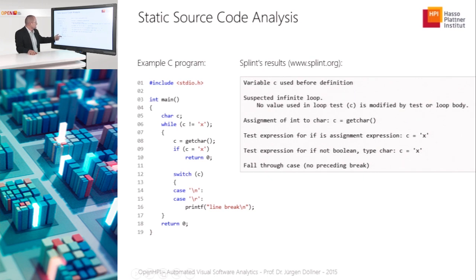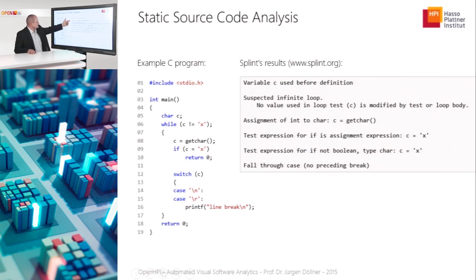The switch statement has a fall through or is missing a fall through statement. If we apply, for example, the Splint tool, a static source code analysis tool, and there are many tools around that offer this kind of analysis, to this source code, the tool reports the following recommendations and messages.